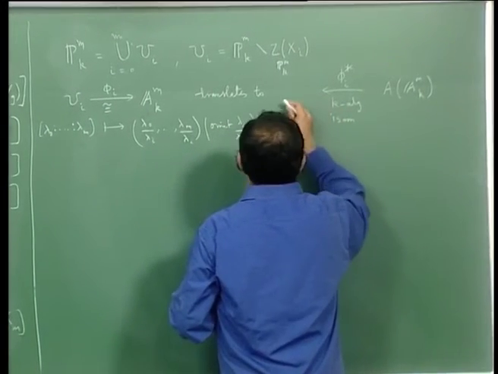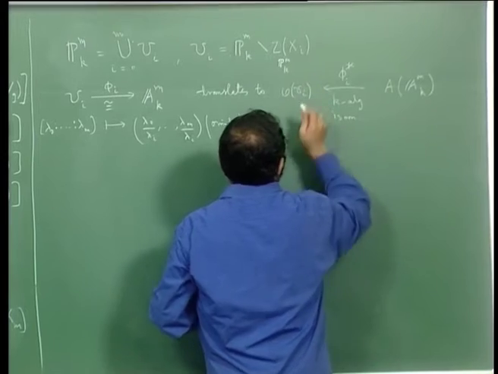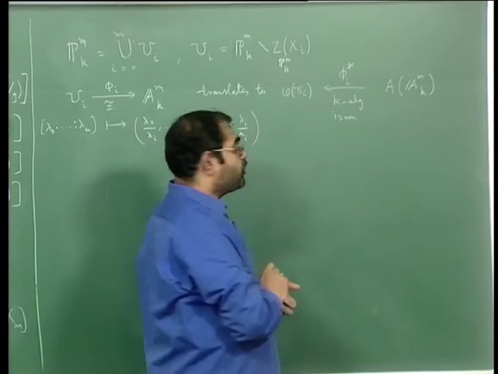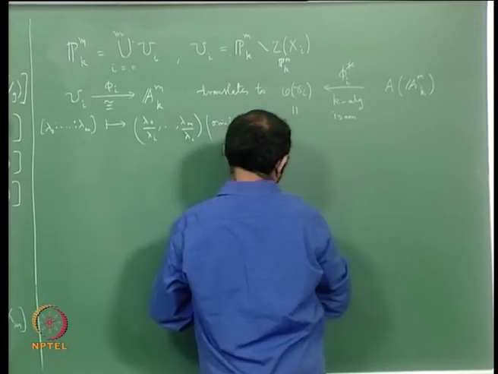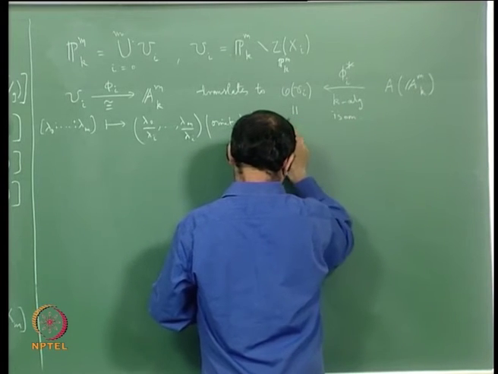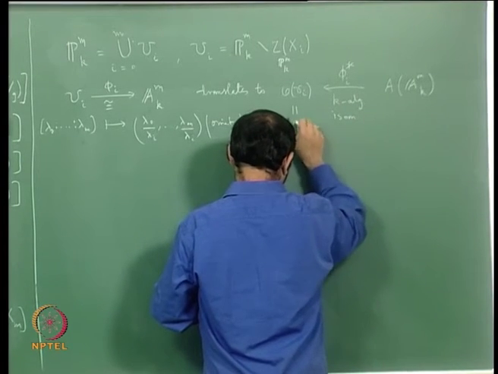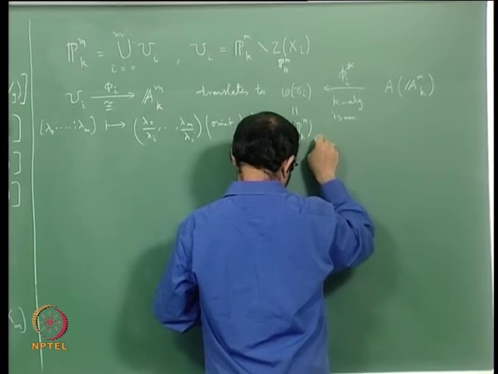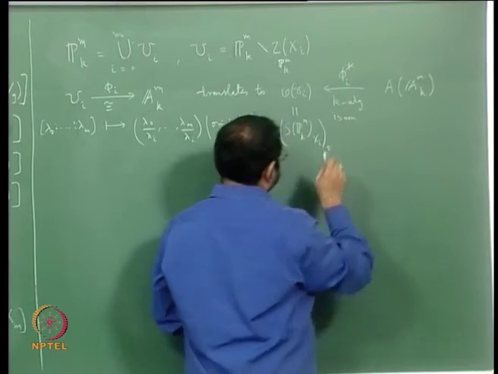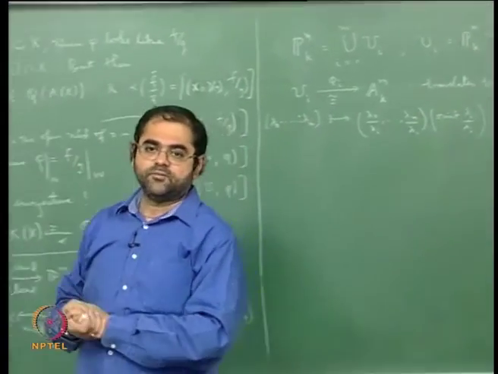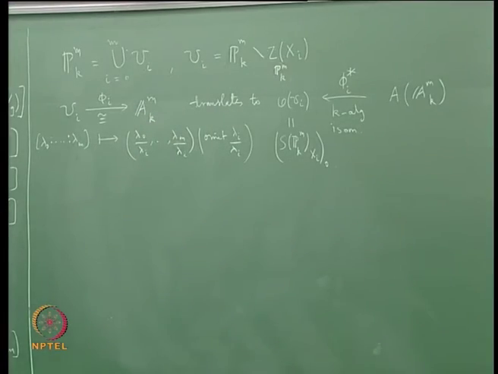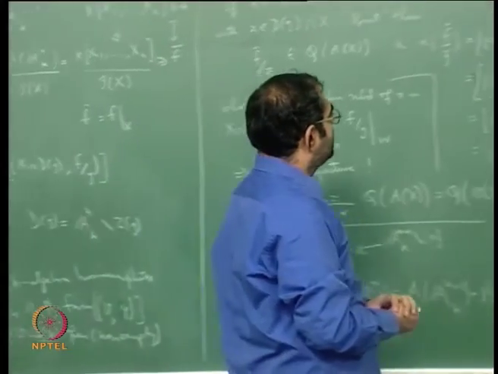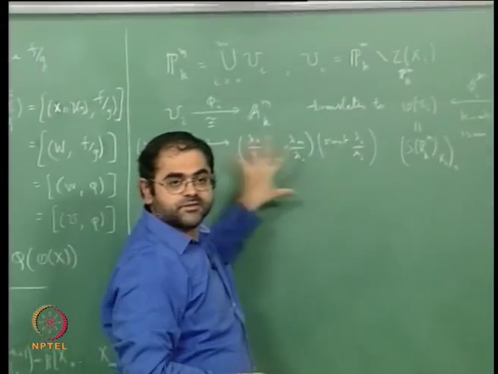And here I will get O of U_i, and we proved that this O of U_i is actually the coordinate ring of P^m localized at x_i, and then you take the degree 0 part. We proved this in an earlier lecture, and now this is the picture for the whole projective space.